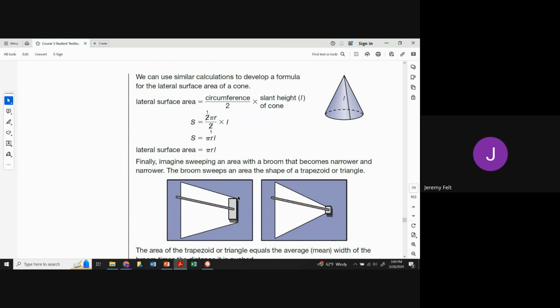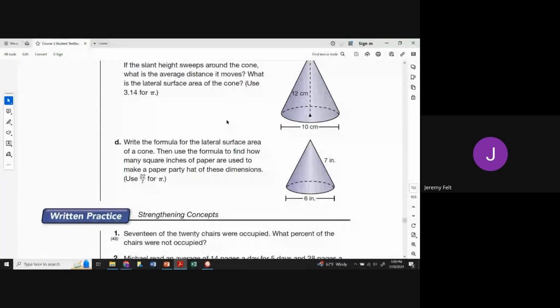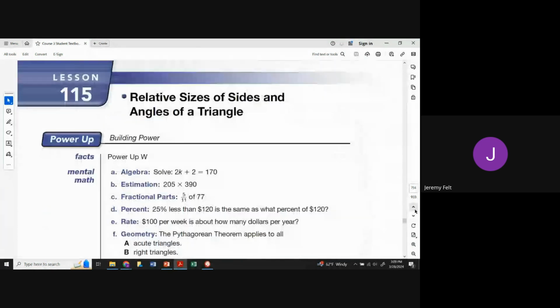But again, for me personally, I think it's easier just to know: circumference divided by 2. The circumference of the circle is 2 pi r, so the 2s cancel out. So pi r times L, they're using L for the slant height. Our reference sheet has a little cursive L. Either way, just make sure you know what's being referenced. So if we know the radius and the slant height, pi is a constant, so we just plug it in and solve. And we'll do those practice set problems together.